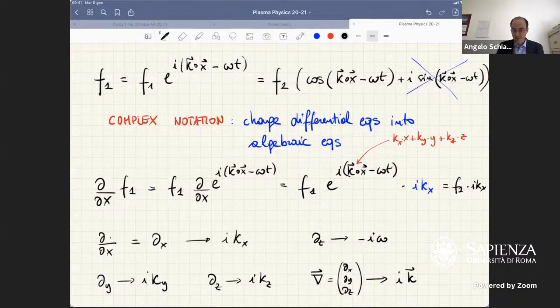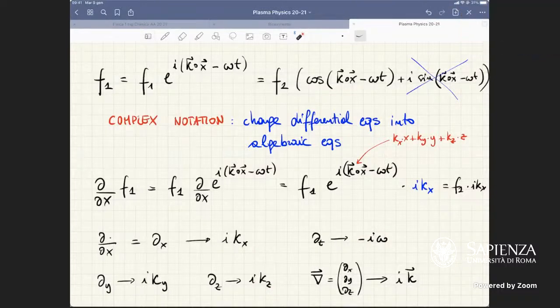So whenever we find a derivative with respect to time or space, using the complex notation we can substitute the derivative with a multiplication by a factor that for spatial derivatives is i times the component of the k vector along the given direction, and for time is minus i omega, the angular frequency.